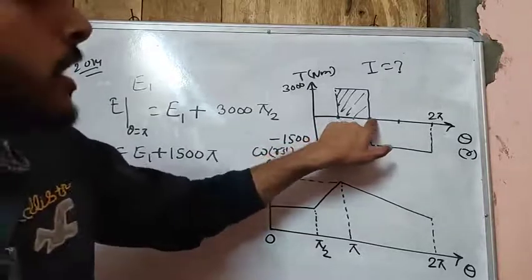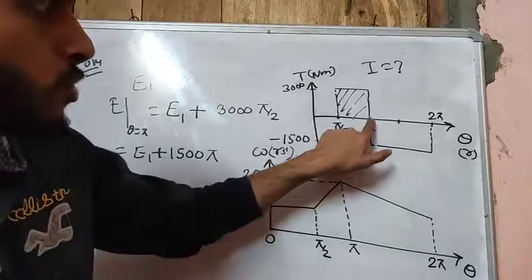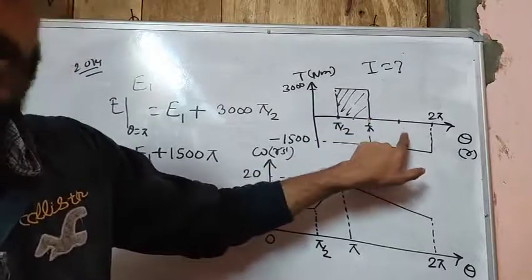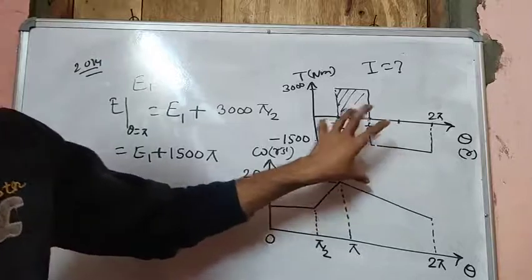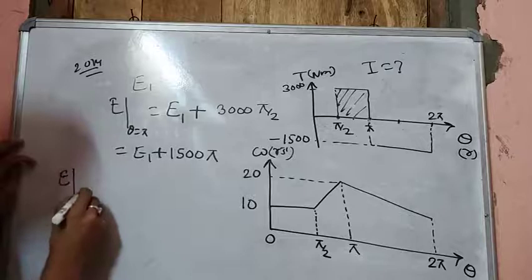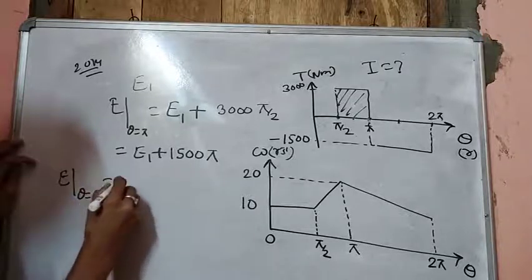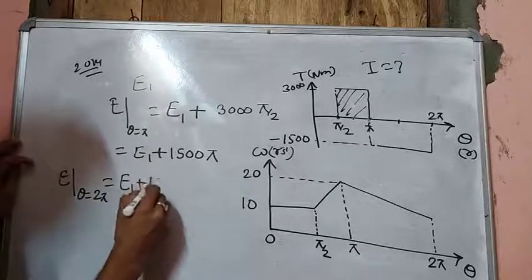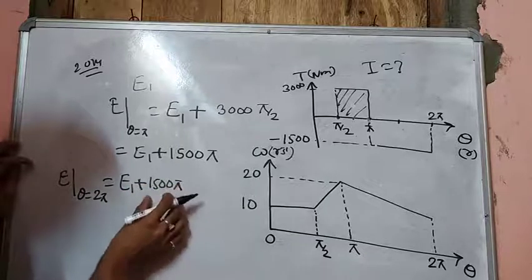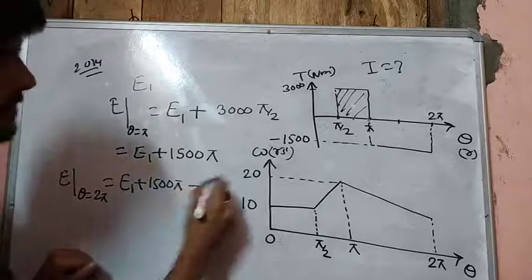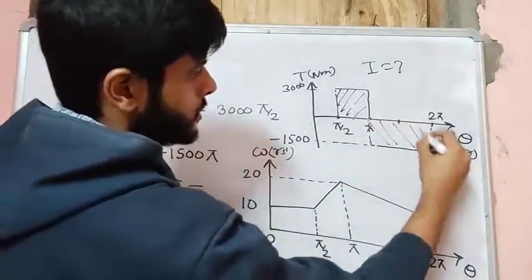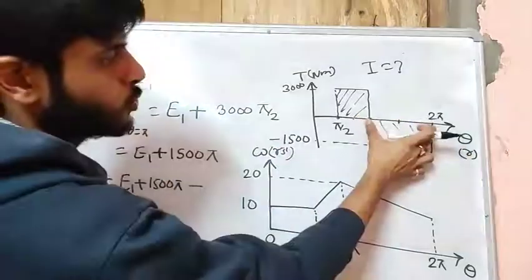Fine. Now after this stroke, this is the resisting torque, the load torque. So this will take away some energy. So at the end of the 2 pi, at the end of the complete cycle, we have the energy from the beginning of the cycle minus now the load part. This load part is 1500 into 2 pi minus pi.